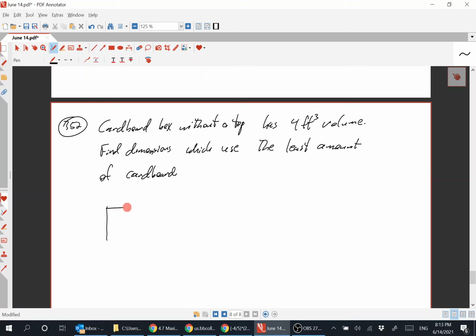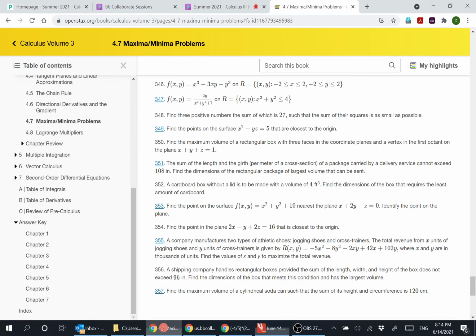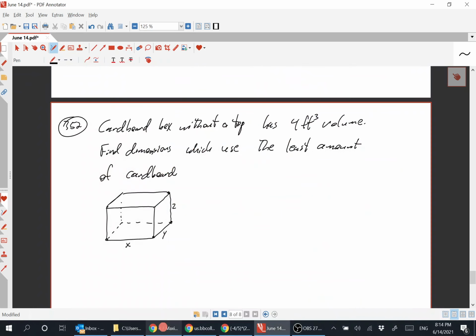So you've got this box, and there's no lid on it, and we'll say the width is X, the depth is Y, and the height is Z. So, yeah, 4 feet cubed.